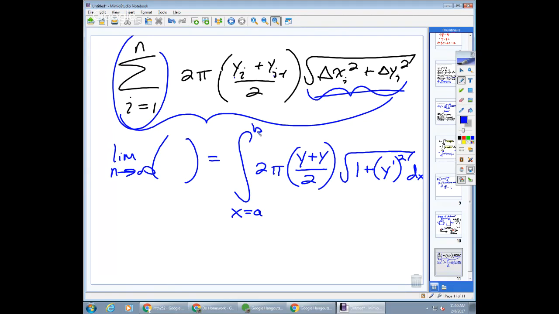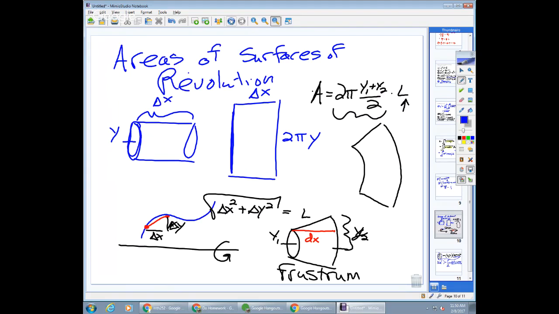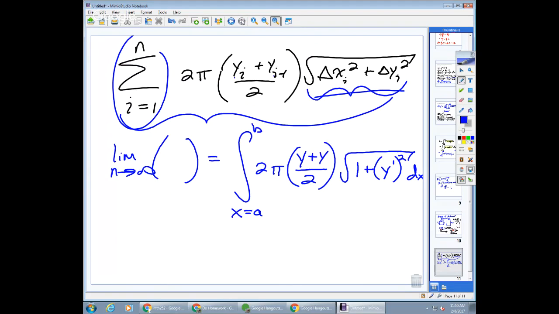Okay, we still got a little more cleanup to do here. Back to my picture, this blue curve, y is some function of x. So we're just going to replace y with f of x and clean it up a bit. Let's see, what's y plus y? Well, that's 2y divided by 2, which is just y.